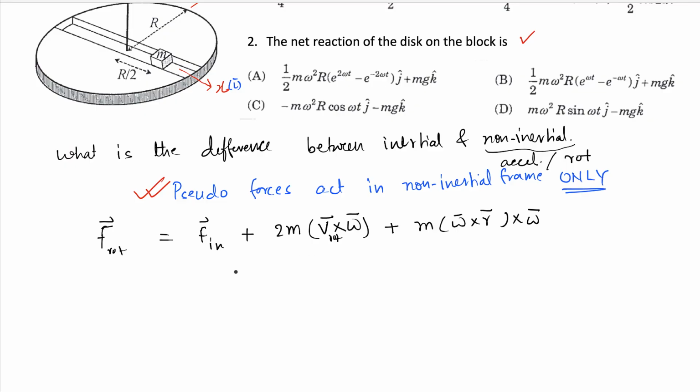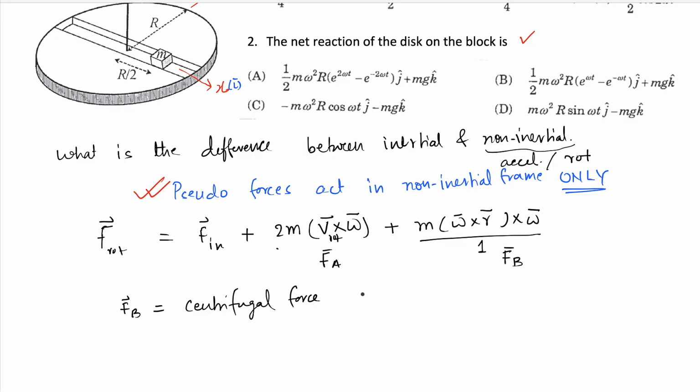Now let's check this one first. Okay, this one, because this is a simple one. This is nothing but centrifugal force. Okay, so this part, let's say this is Fa and this is Fb. Okay, so Fb is nothing but centrifugal force.